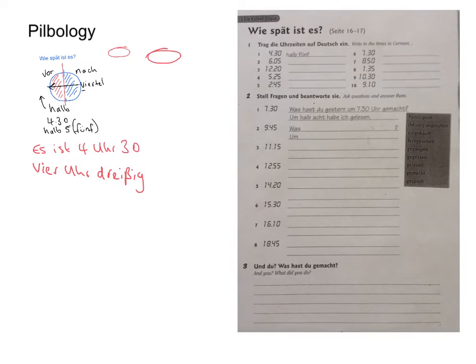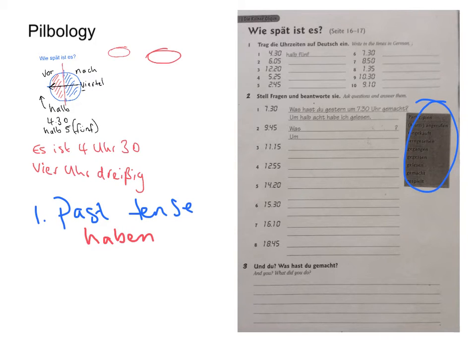Right. Now, there are 2 purposes of these phrases here. Number 1, what we're going to be looking at is obviously the use of the past tense. All of these words over here are in fact in the past tense. So these are what are called the past participles. And as you will already know, some of them will use haben and some of them will use sein.